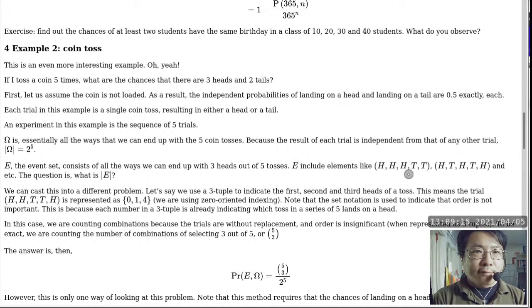Because we are looking at 5 tuples, where each item in the tuple is either a head or a tail, but we want to count the number of heads and tails in a tuple. And we never really talked about formal ways of how to treat the counting of something inside a tuple. That's not something that we have talked about. So instead of doing that, we can think of the problem in a different way.